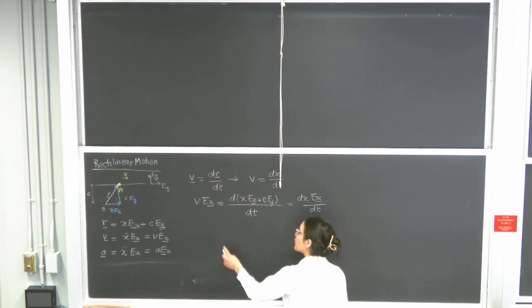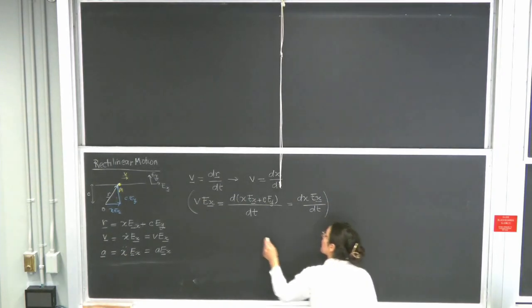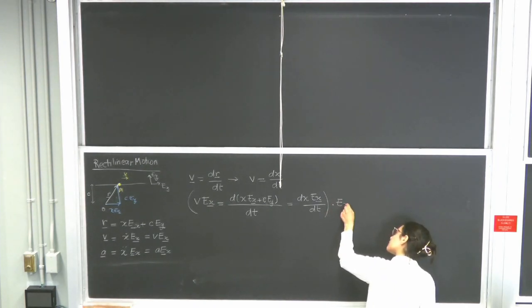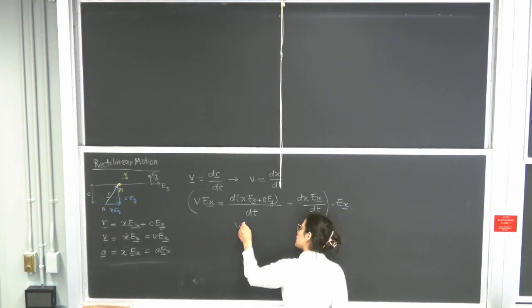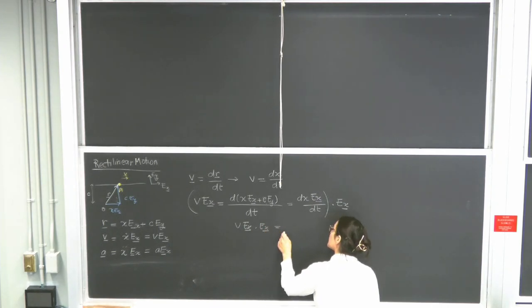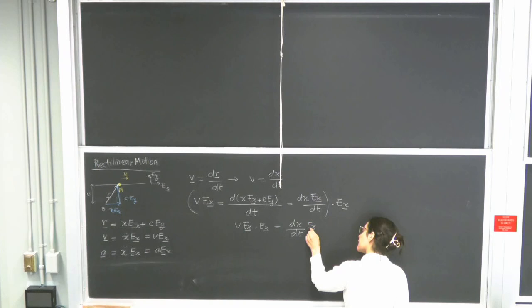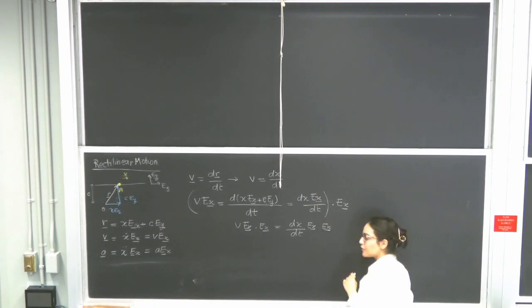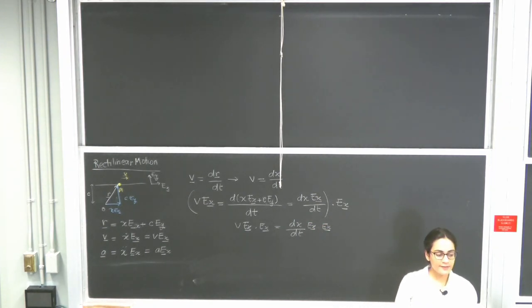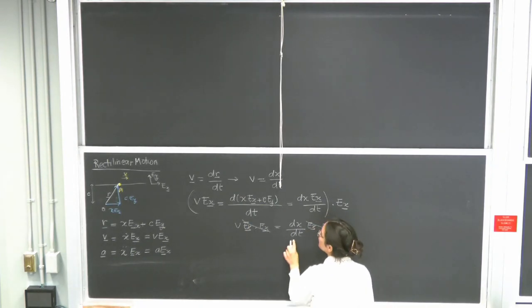I'll take the dot product of every term of this equation with Ex. So v Ex dot Ex is equal to dx by dt Ex dot Ex. Who can remind us what Ex dot Ex is? One, exactly. So these go away, and we're left with v is dx by dt.